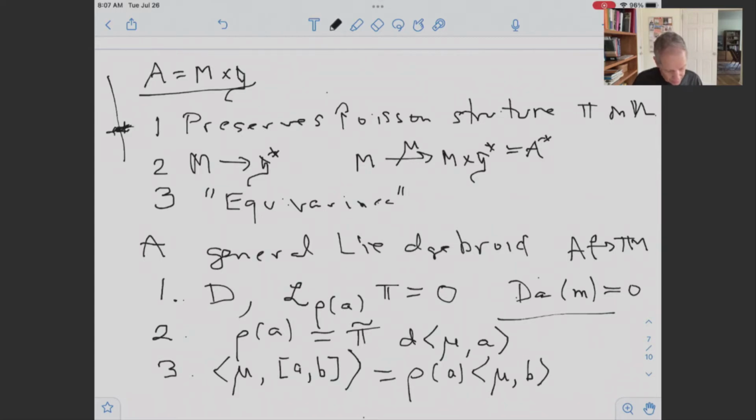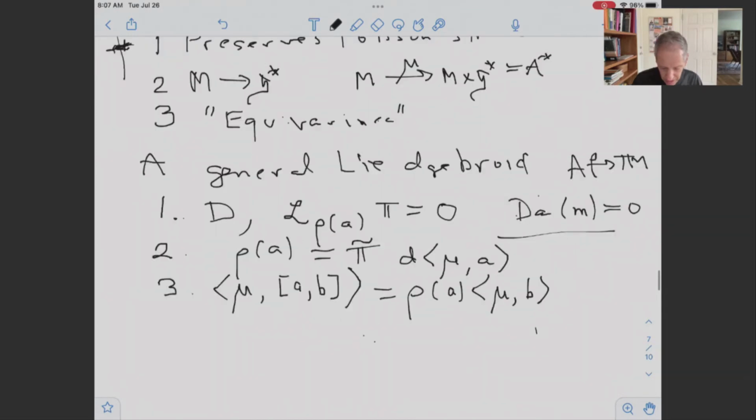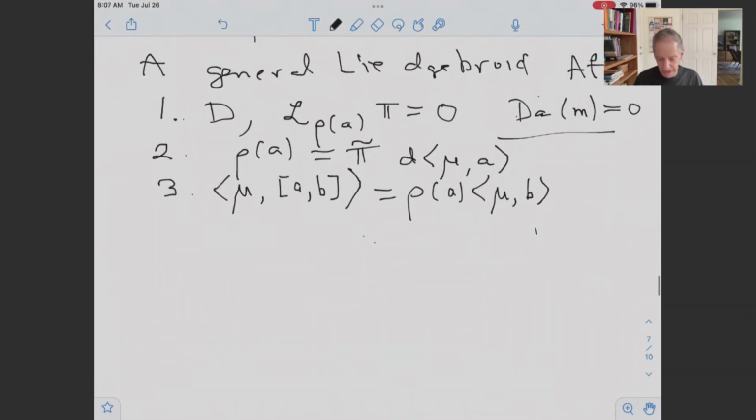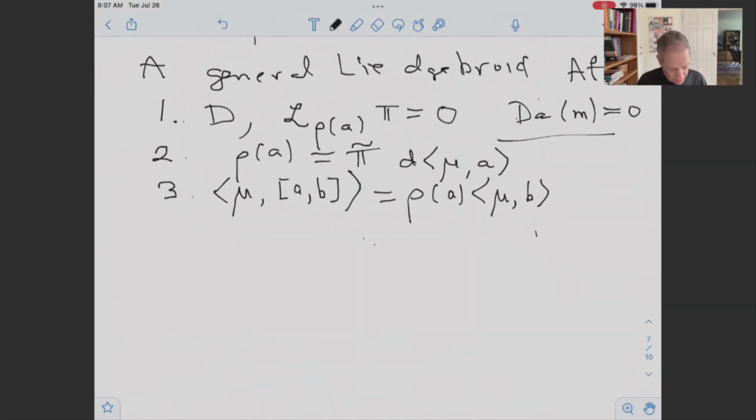Okay. So there's another version of this, which is not a pointwise condition, and that uses something called the opposite connection.